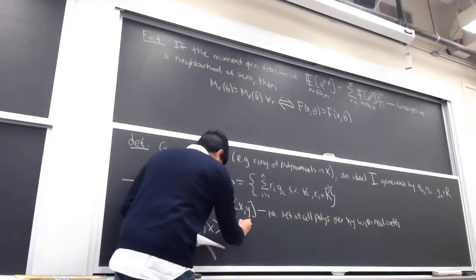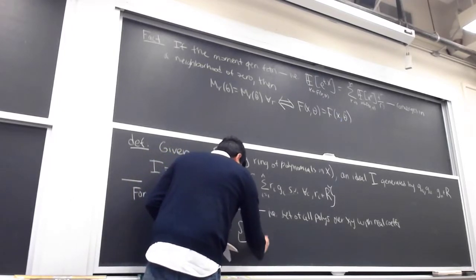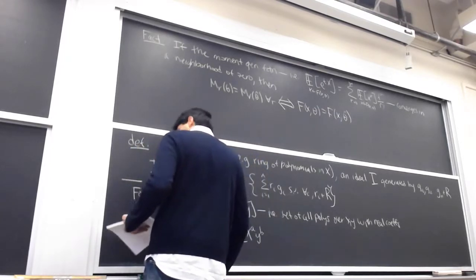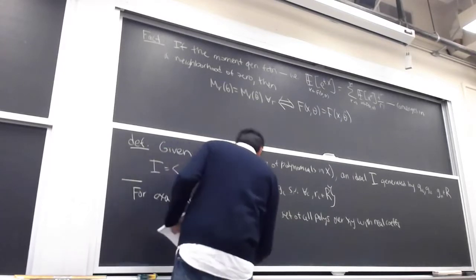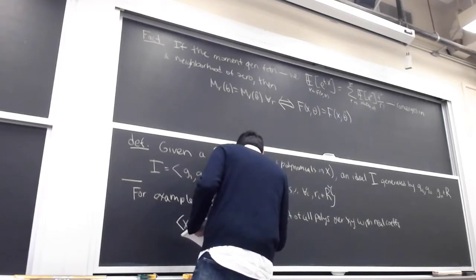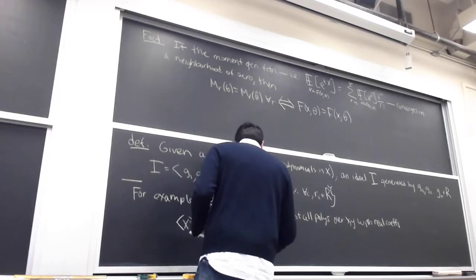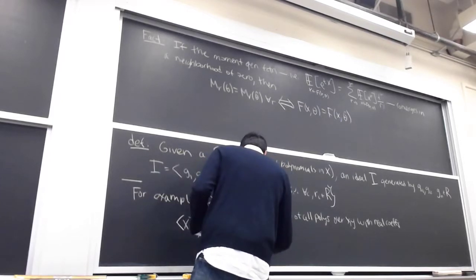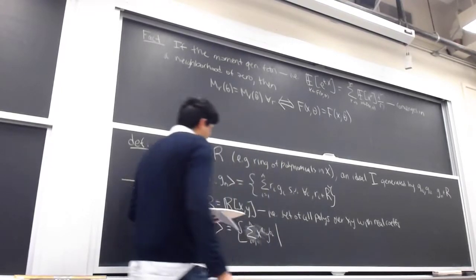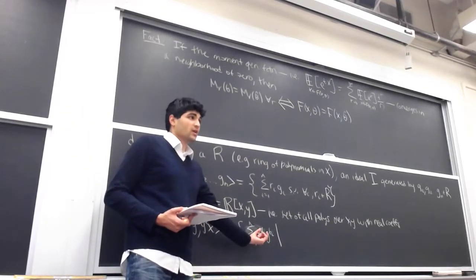So let me ask it this way. One way of doing it is, the first question is, what sorts of monomials can I get out of this?